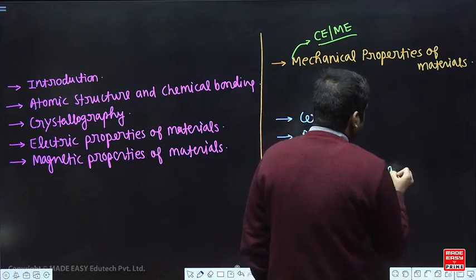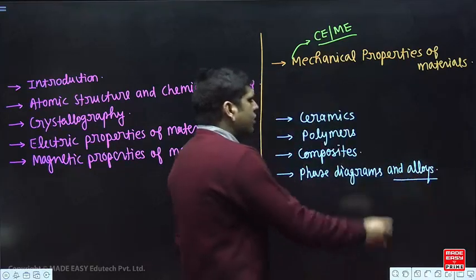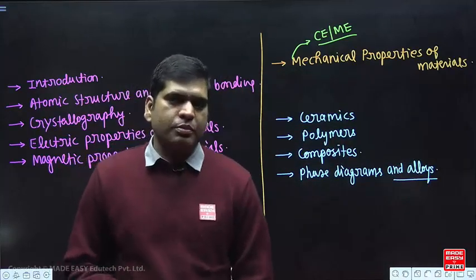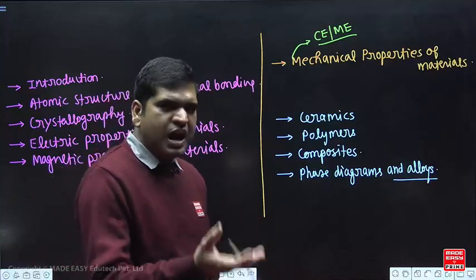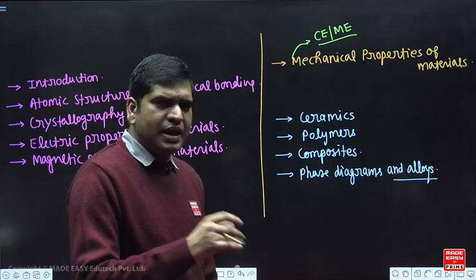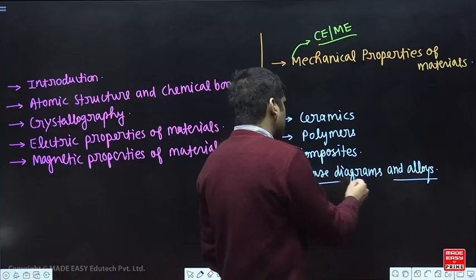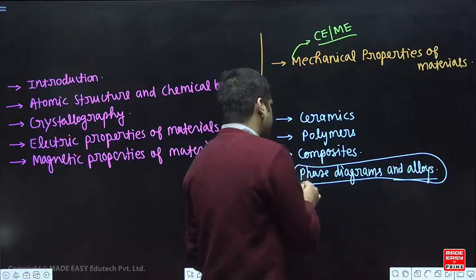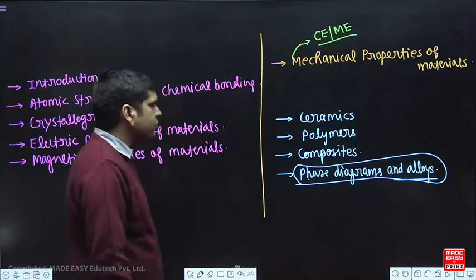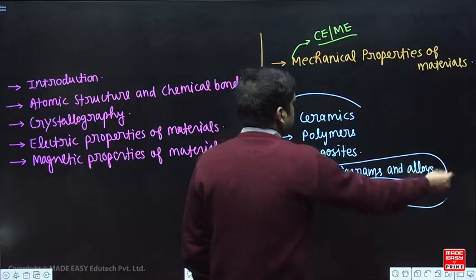Alloys, I would be dealing only with the basics of alloys. Remaining you have to memorize from the theory book कि आयरन की कितनी एलॉय होती हैं, निकल की कितनी होती हैं, all those you have to memorize. But how the alloy is formed and what are the basic concepts related with phase diagram, those will be covered in the class. So these are the 4 topics which I need to cover in the class.